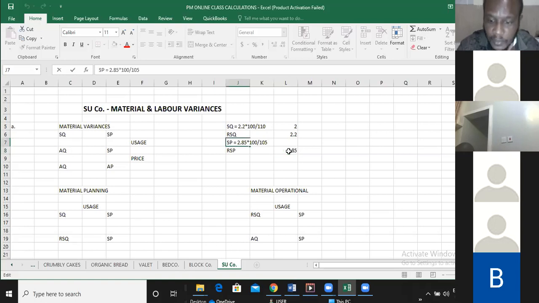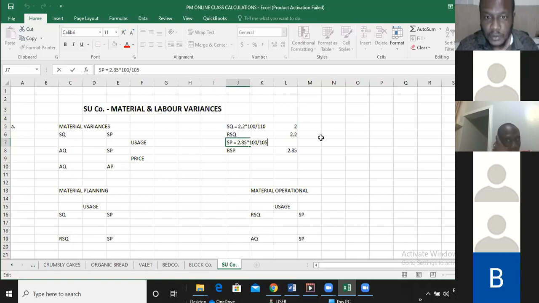So the original is 100. The new material has been chosen, which costs only 2.85 per meter, so 2.85 is the revised standard, because it is cheaper than the material previously used. The material previously used was the standard, 100.